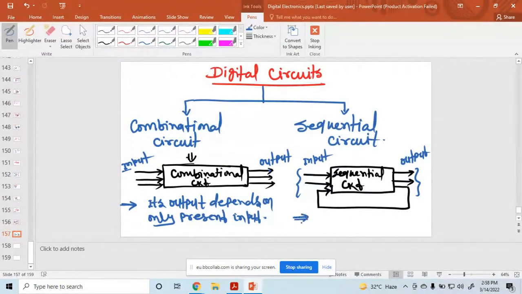But in a sequential circuit, the output depends on the present input as well as the past or previous output.